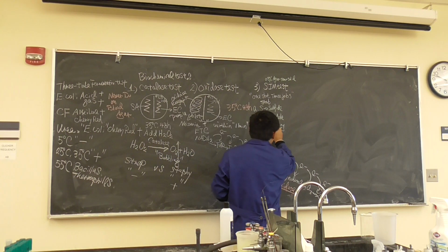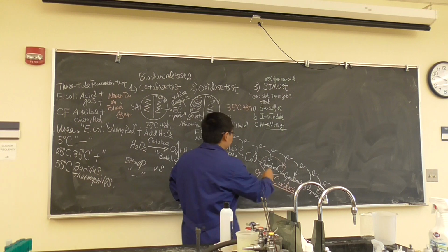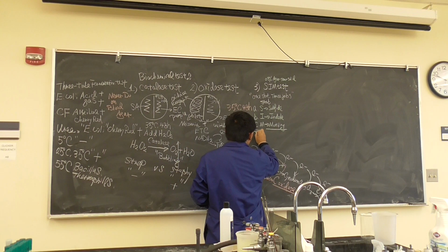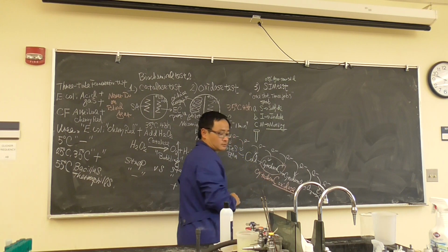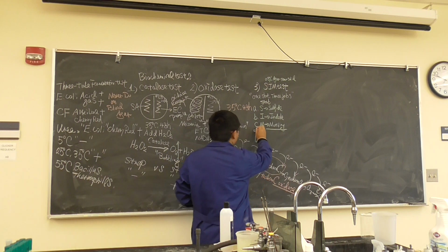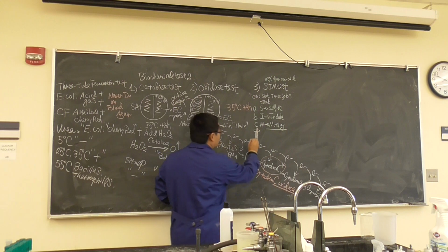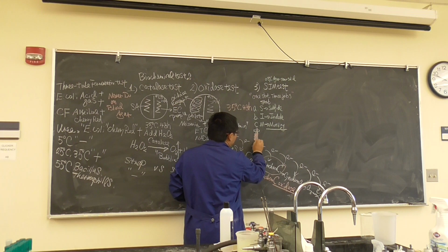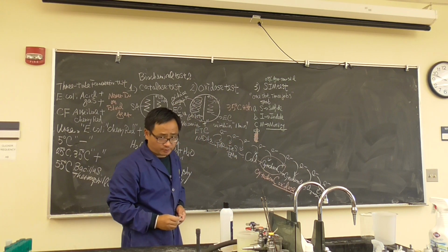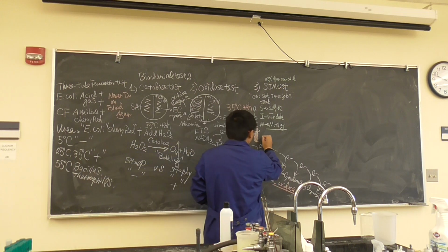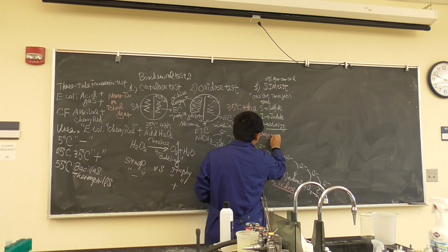The motility is very easy. If you stab a bacteria, you take it out, and you see the bacteria growing everywhere, the whole tube becomes turbid, which means this bacteria has a strong moving capability.